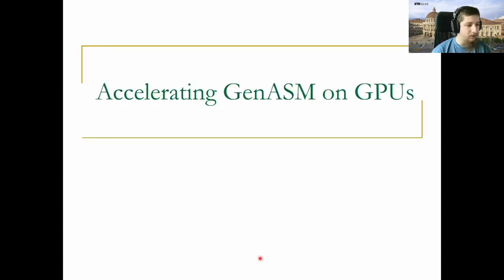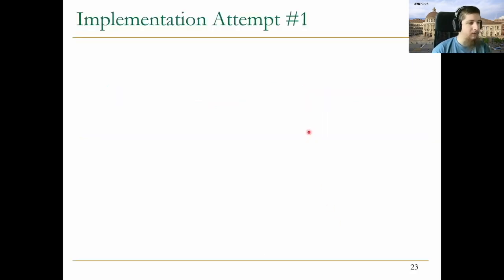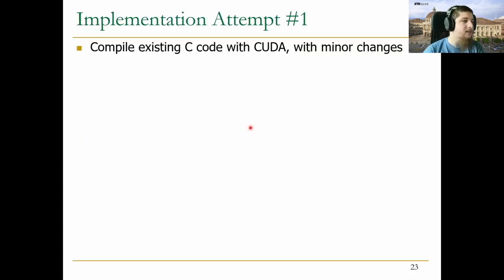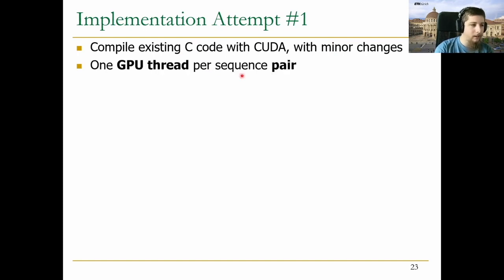And of course, at this point, we were motivated. If you have parallelism and it's already quite efficient, it makes sense to try and implement this on GPUs and see how it works. So the first implementation attempt for this algorithm could be to take this existing C code with CUDA, make some minor changes, just take the CPU code and recompile it.